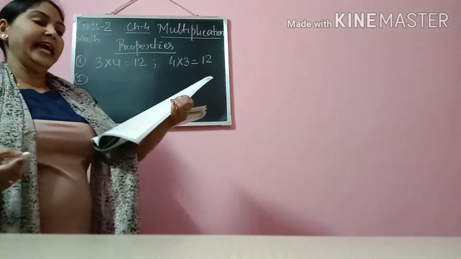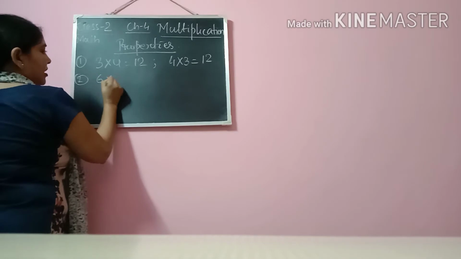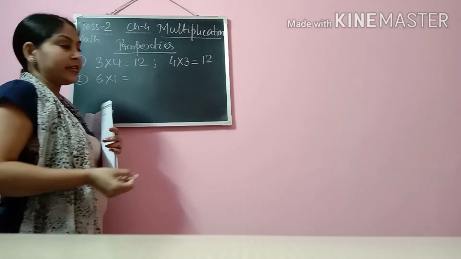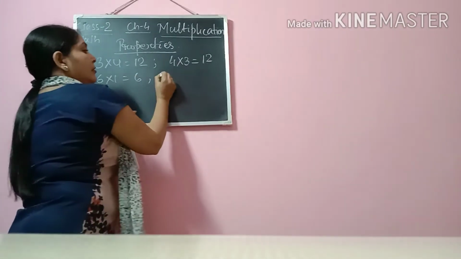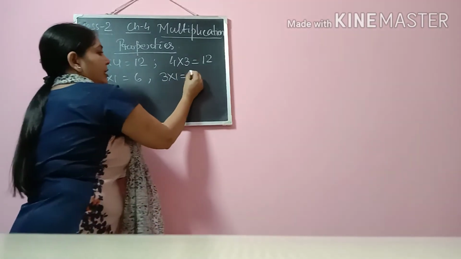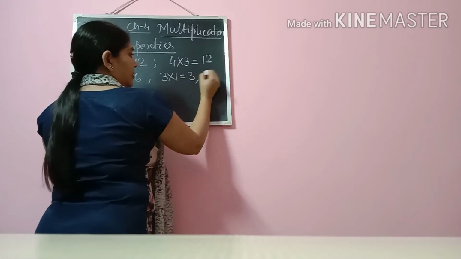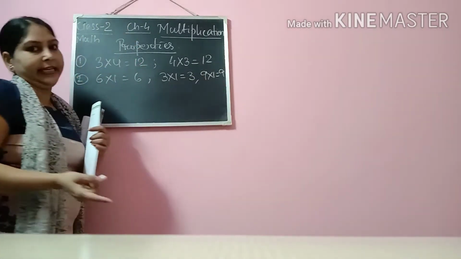Whenever you multiply any number by 1, for example 6 ones, you are multiplying 6 by 1. So what is your answer? It is 6. Suppose I am multiplying 3 ones. What will be my answer? 3 only. If I am multiplying 9 ones, it will be 9 only.